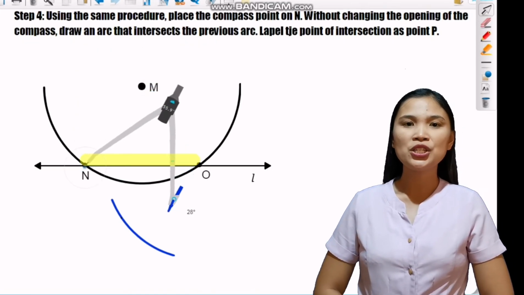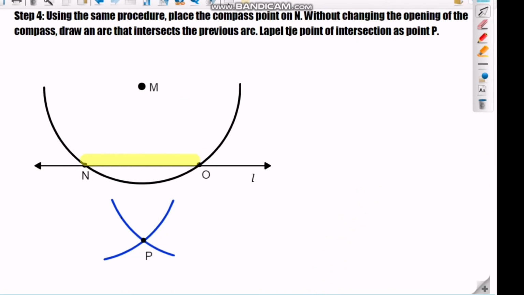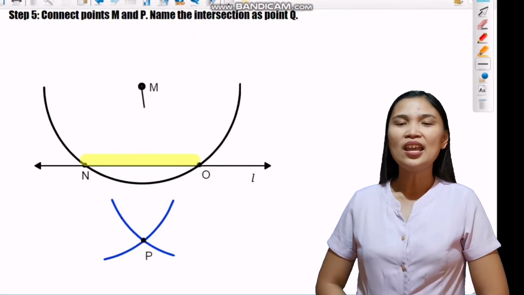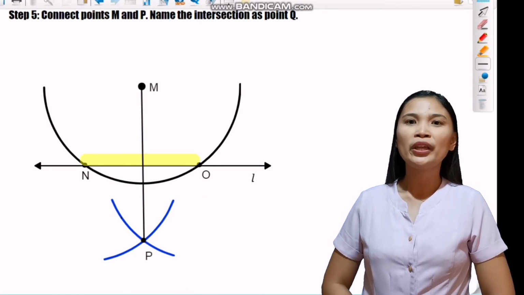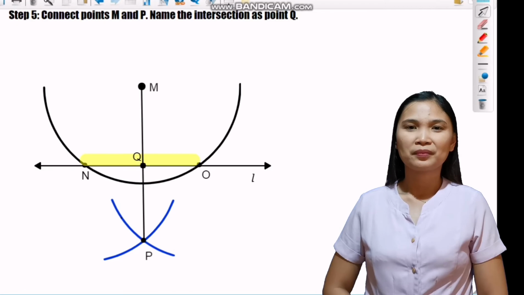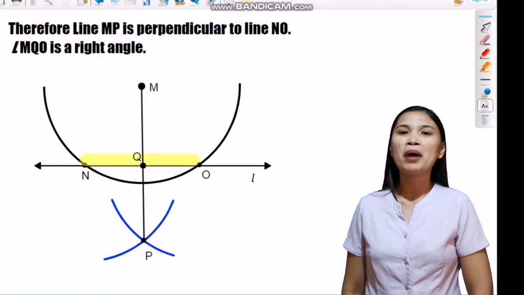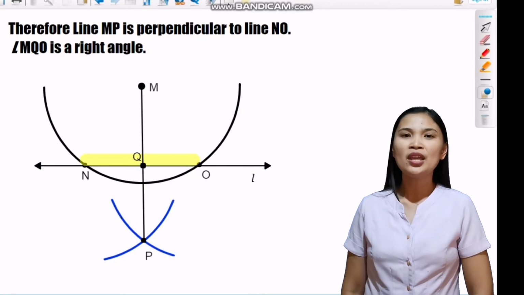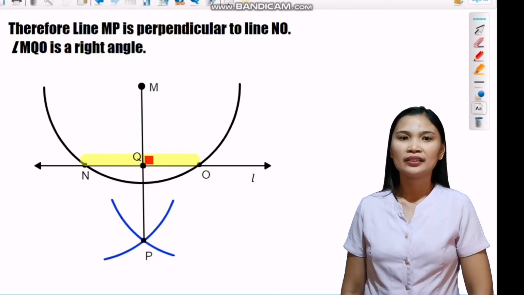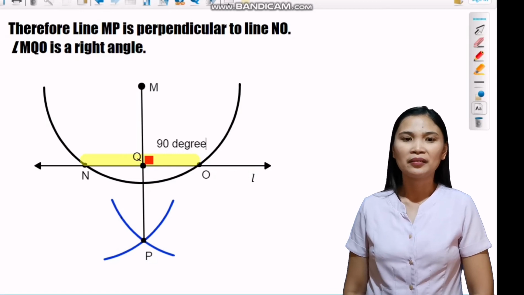Label the point of intersection of the arcs as point P. And lastly, connect points M and P. Name the intersection as point Q. Okay, so what do you observe about line MP and line NO? Of course, we have line MP which is perpendicular to line NO because they form a right angle. Thus, we have angle MQO which is a right angle.